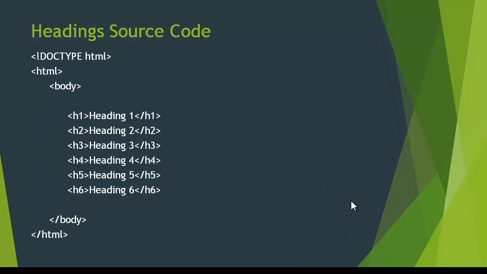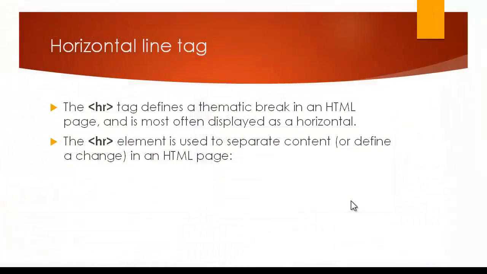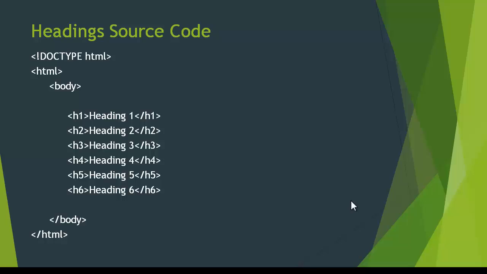Within the body tag we use h1, h2, h3, h4, h5, h6, and these tags will show you that h1 is the greatest, h2 is the sub of h1, and h3 is the sub of h2. So these kinds of subheadings we can use in different pages in different environments.